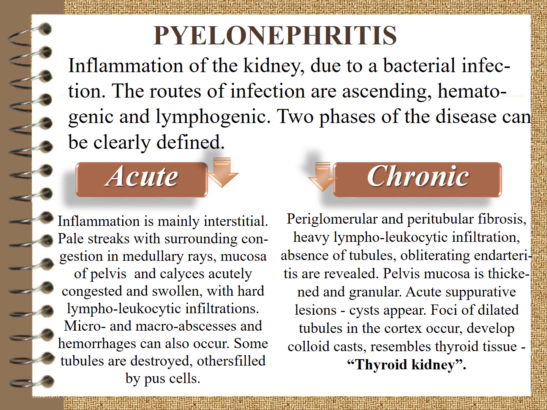Foci of dilated tubules in the cortex occur due to destruction of the collecting tubules, so that they end blindly. Upper tubules, dilated, develop colloid casts and come to resemble thyroid tissue, and thyroid kidney phenomena develop. The patchy inflammation results in fibrosis and atrophy irregularly distributed throughout the cortex and medulla.